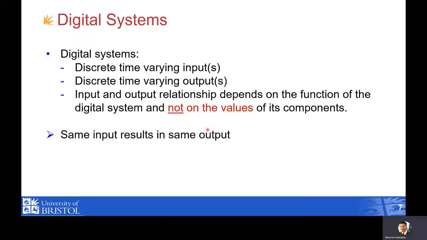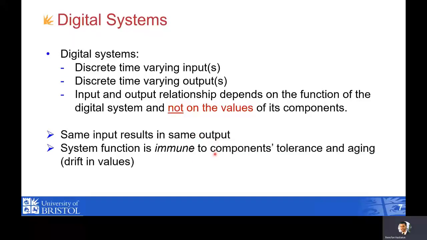The same input results always in the same output. And that is a big, big difference from analog systems. The system function is therefore immune to component tolerance and aging. By aging, we mean the drift of values. So if you change a little bit the values of the components of your digital system, the system function is immune to this. The result for the same input will always be the same output.